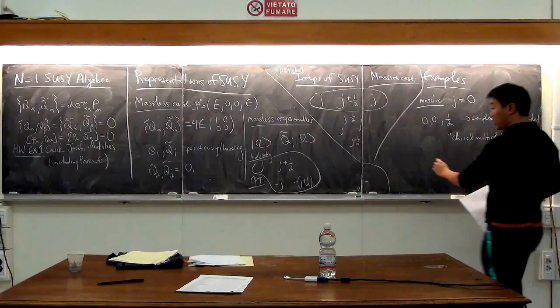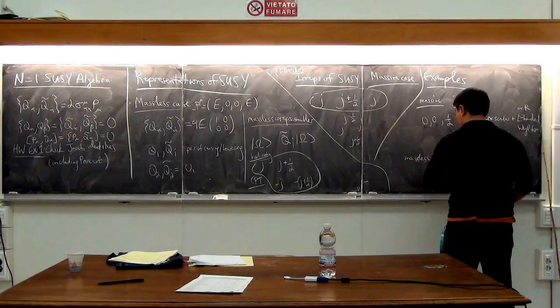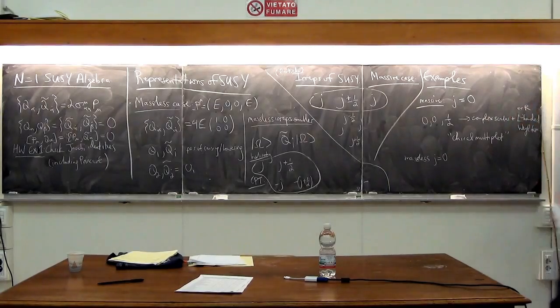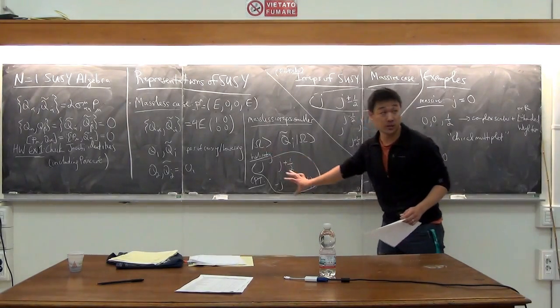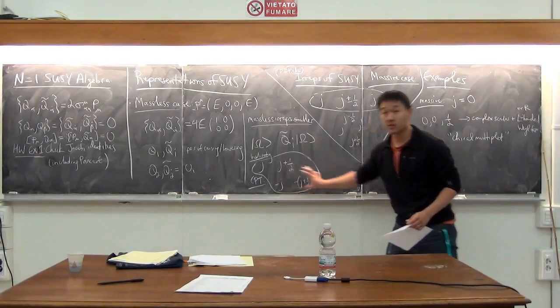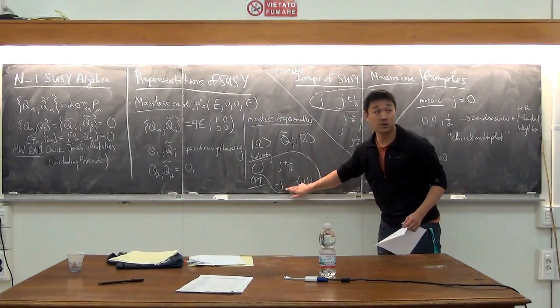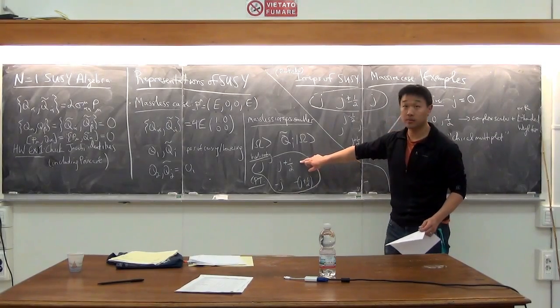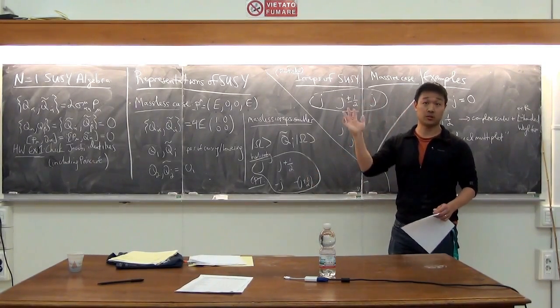Okay, so we can also do massless J equals 0. We come here with the helicities, all right? And we see it's the same degrees of freedom. You have two zeros, and then the helicity can either be plus a half or minus a half, and that fills out the possible helicities for a massless fermion.